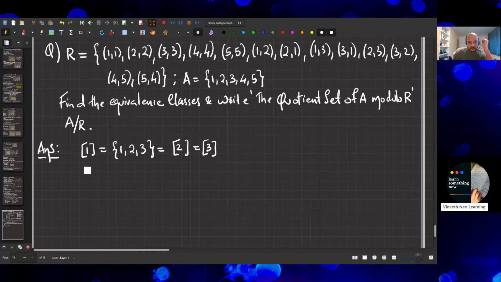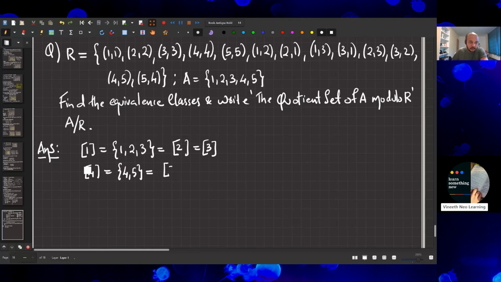Then for 4 it is {4, 5}, which is also the equivalence class of 5.